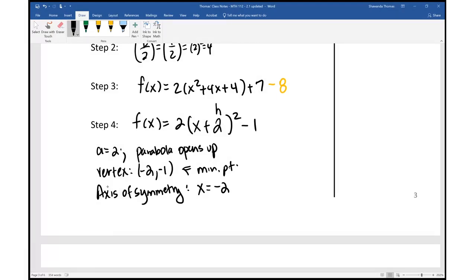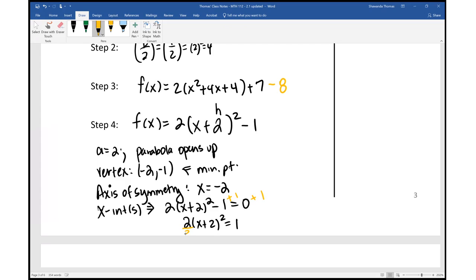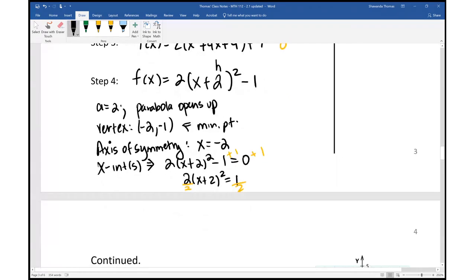And then we find our x-intercepts by setting the function to 0 and solving. So let's add 1 to both sides. That's 2 times (x plus 2) squared equals 1. We're going to divide by 2. All right.